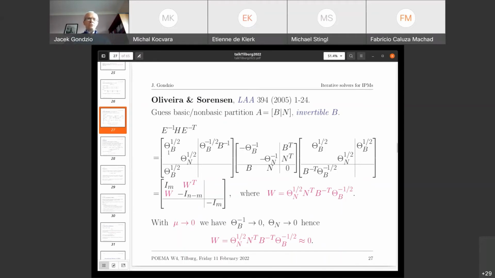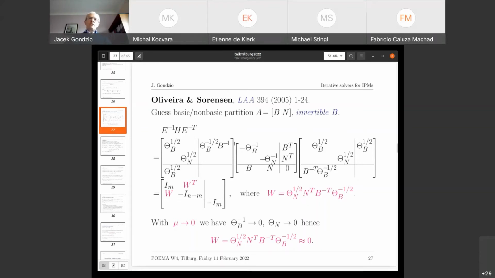And now I do realize that there is a lot of linear algebra on this slide. So what you have here in the middle is the augmented system corresponding to the linear programming problem, in which the matrix A has been partitioned into basic and non-basic part. Please do not interpret basic, non-basic as in the simplex method. It's a very different partitioning. I only use this basic, non-basic in quotation.